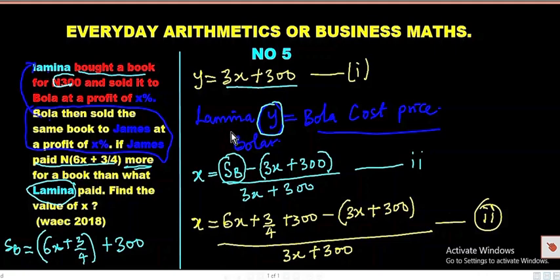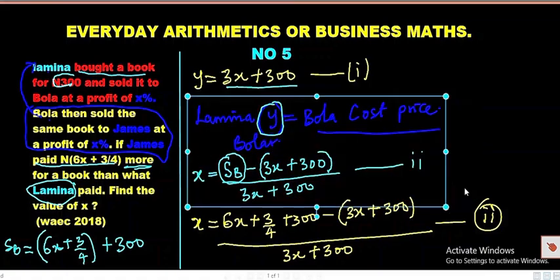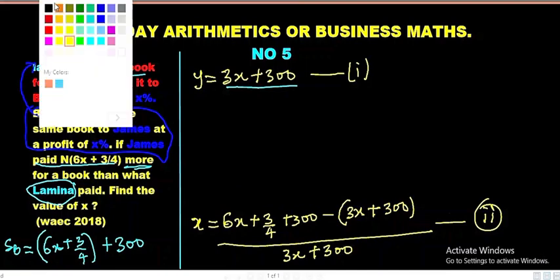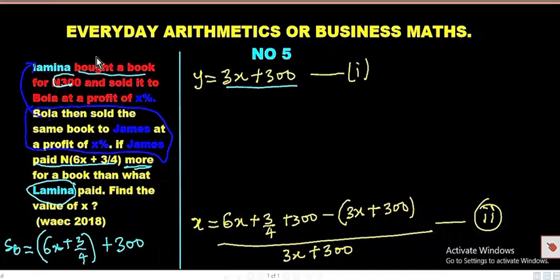Let's do that immediately. How can I simplify this without complicating it? Let's just try our best, make it simple. So what I'm going to do is to first clear this side.